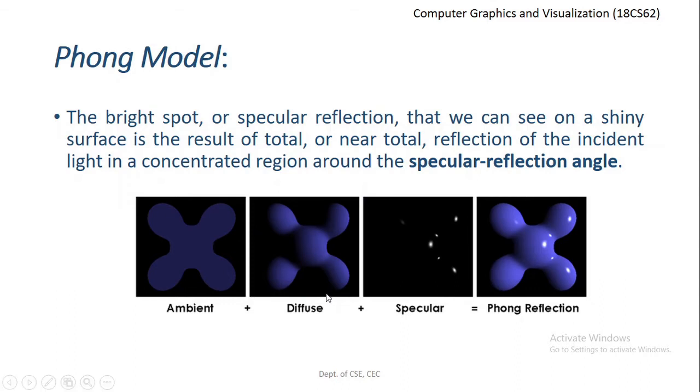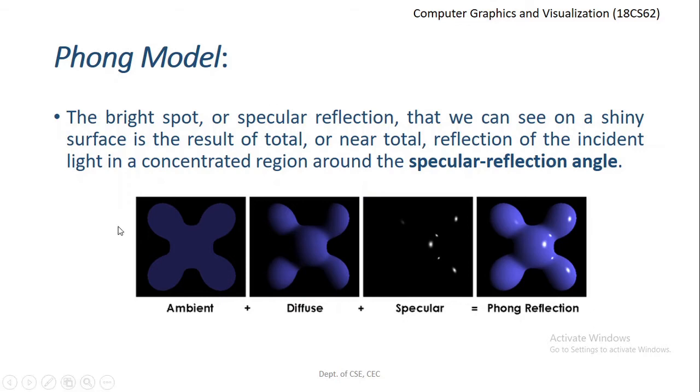Now when it comes to the second component, the diffuse light, we can understand the surface orientations. The ups and downs on a given surface can be clearly understood here because there will be variation in the amounts of diffuse light reflections, which causes this shading, which gives us a much more realistic view of a given object, right?